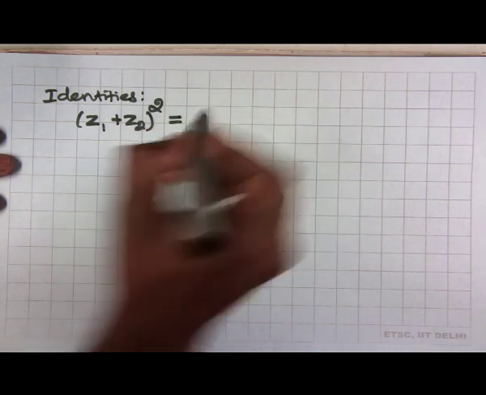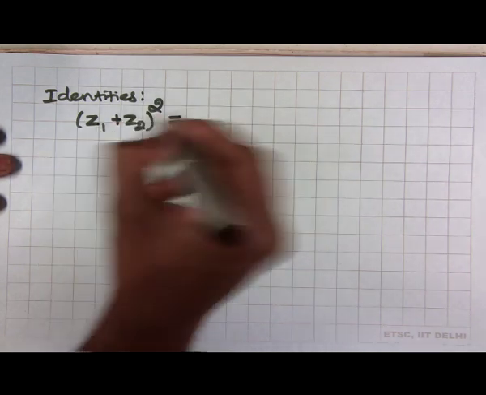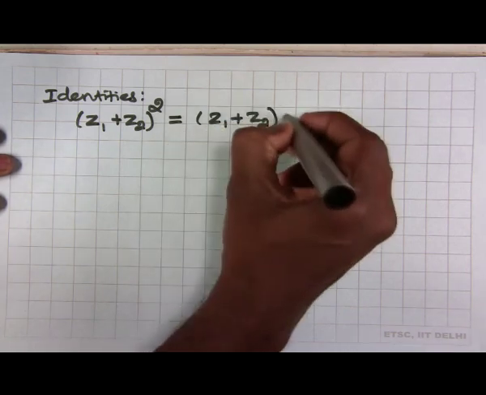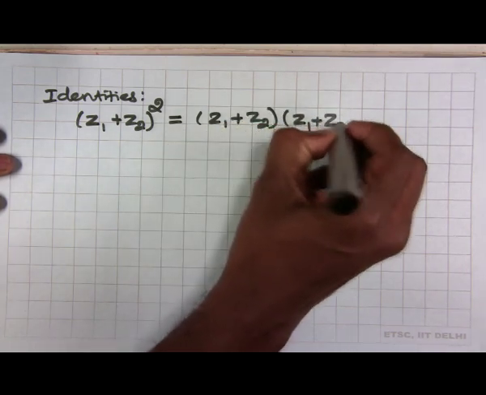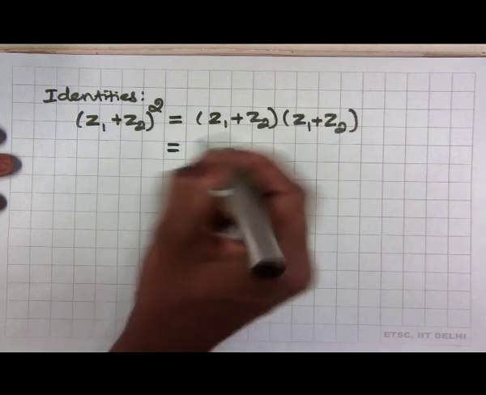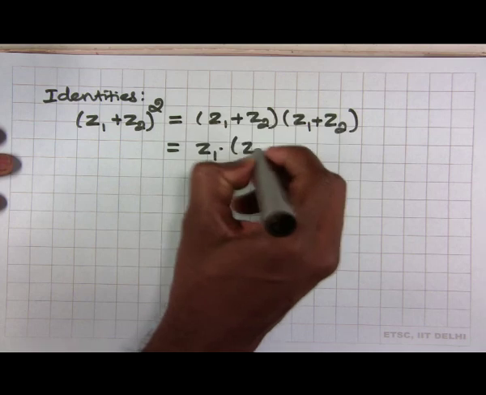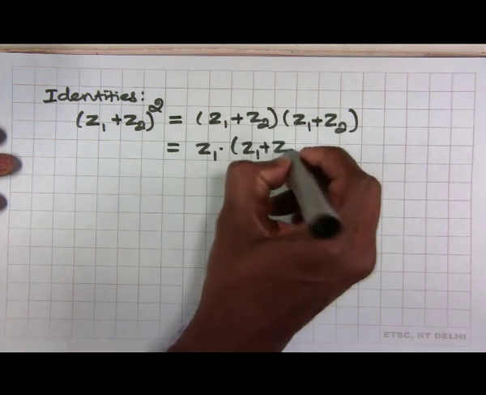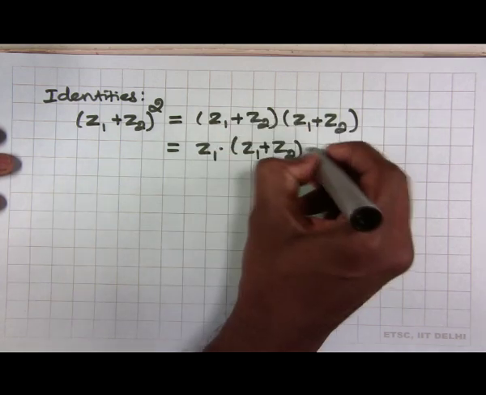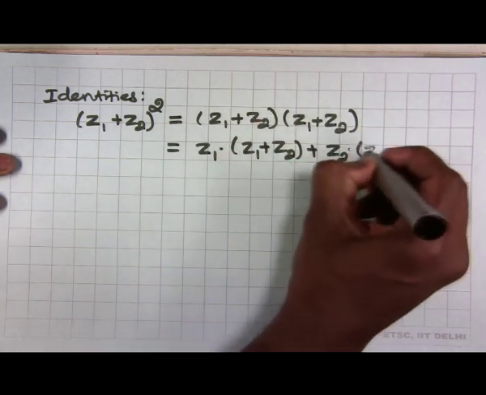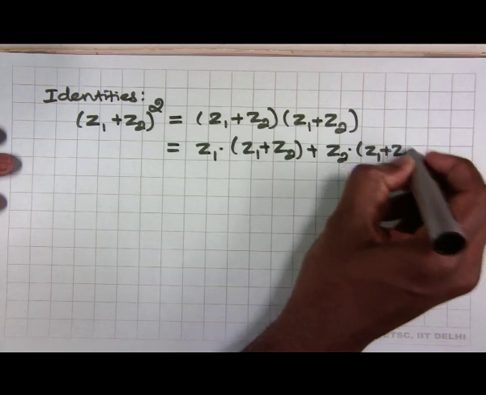Let me just write down directly what we have, this product. This is (z1 + z2) product with (z1 + z2). By distributive law z1 is multiplied with z1 plus z2, plus again z2 multiplied with z1 plus z2.